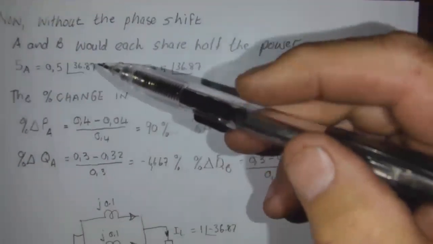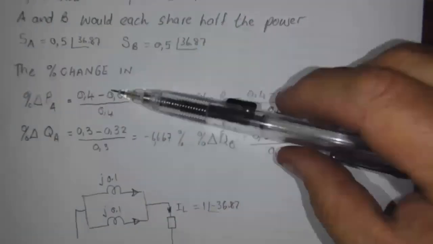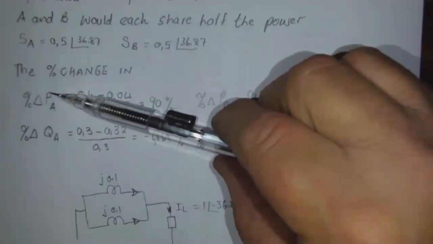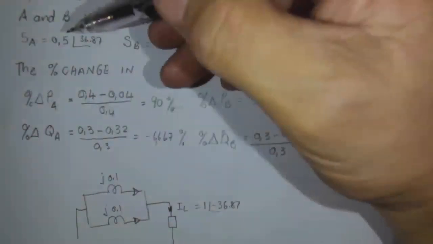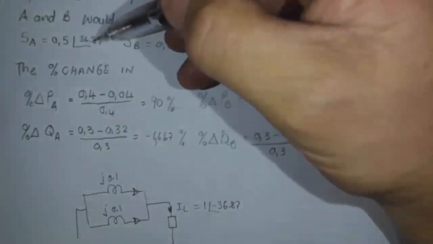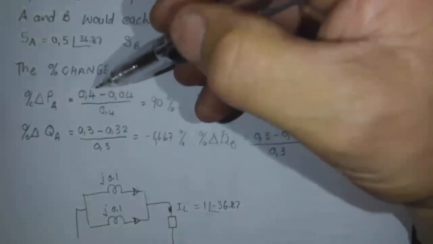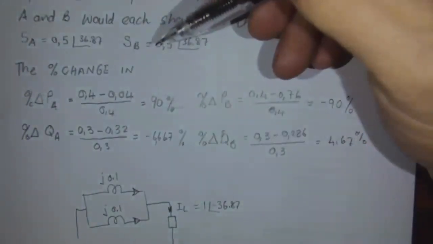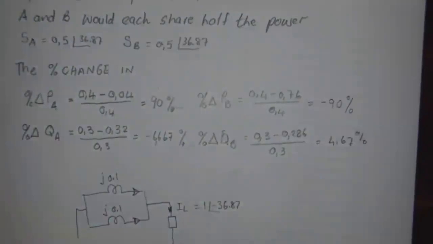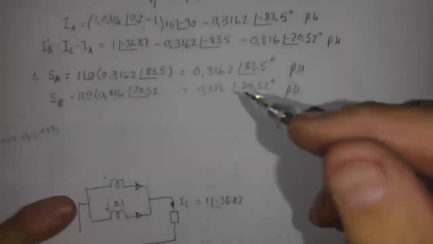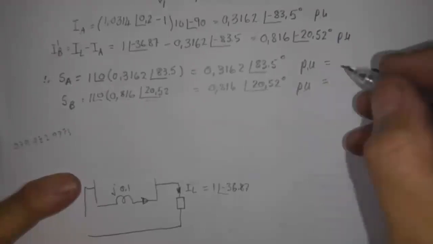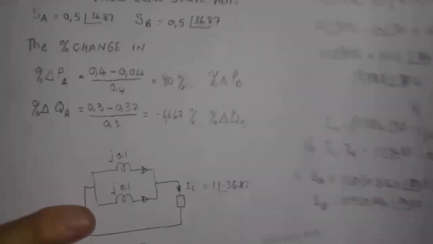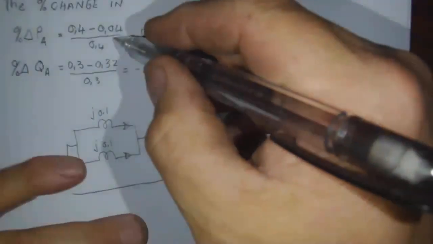So now we can calculate the percentage change in P and Q. Now for transformer A, if we take that 0.5 times the cosine of 36.87, which is 0.8, then we get 0.4. And that value, 0.316, if you take that to rectangular form, you will get a P and a Q value, which was this, 0.04.